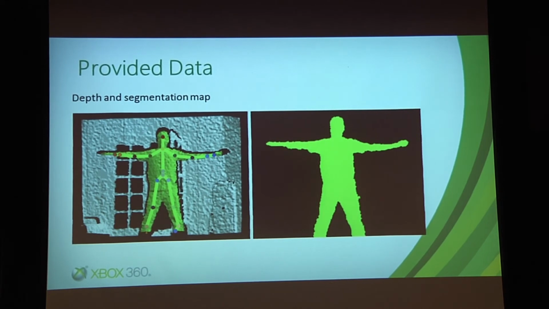So let's look at a scene where it's seeing a 3D scene. There's a person standing in front of it. By just getting the raw data back, it'll send you the raw distances across each pixel in the 320 by 240 image that it's creating.